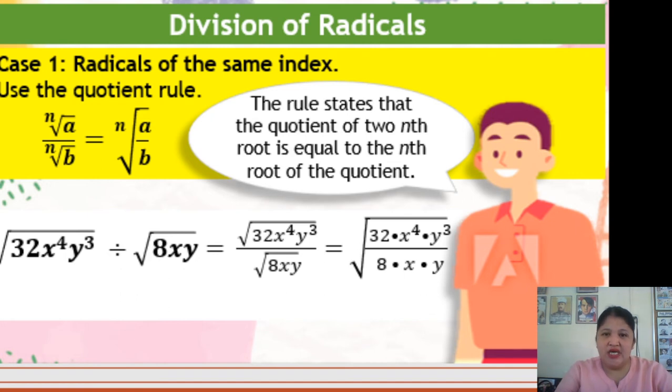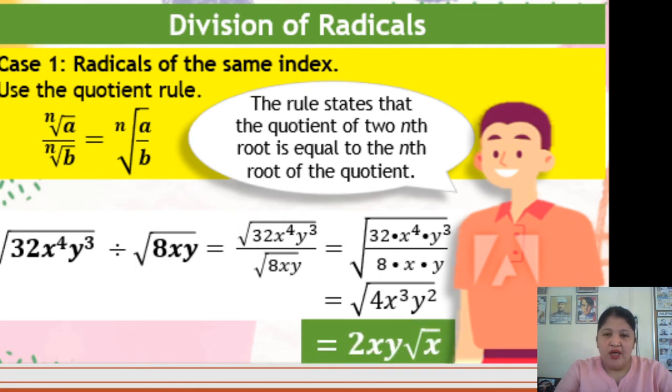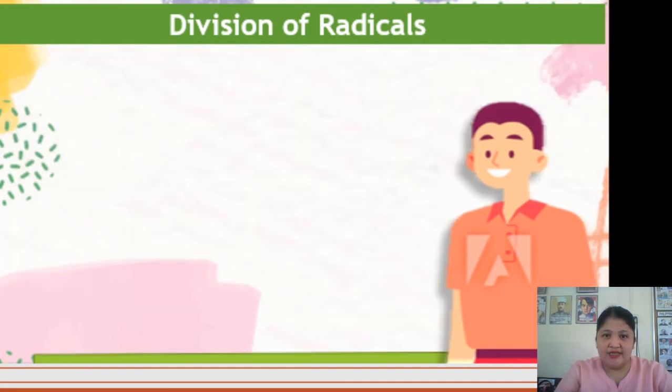As you can see, we use the quotient rule. For this example, our answer would be the square root of 4x cubed y squared. And we simplify. So we have now 2xy square root of x.